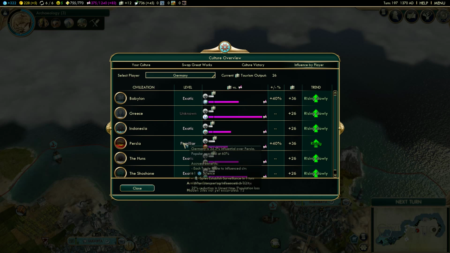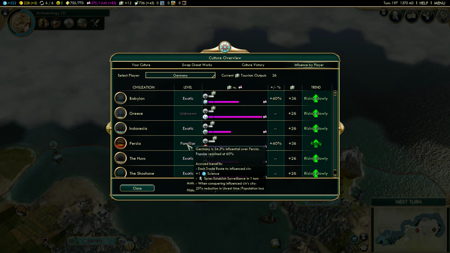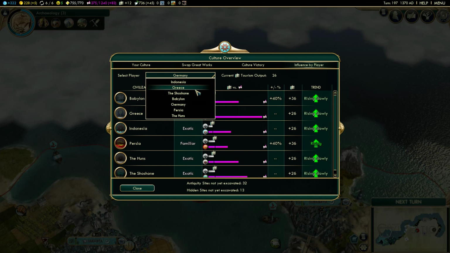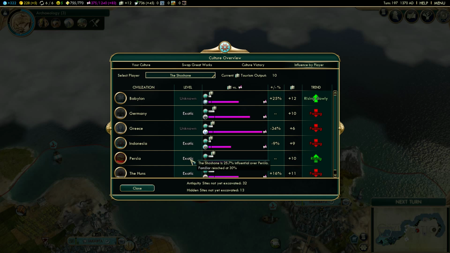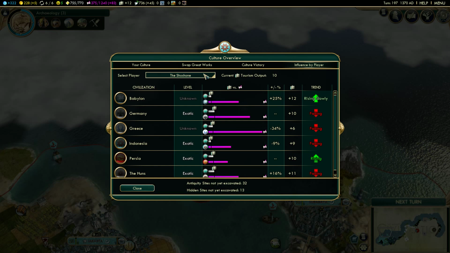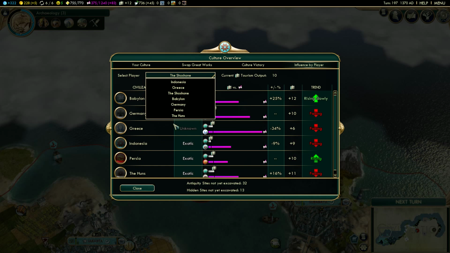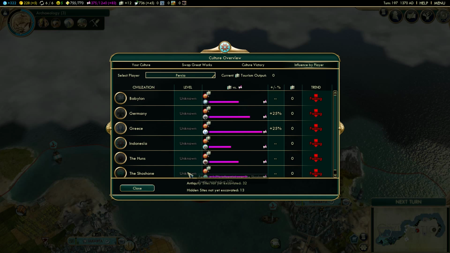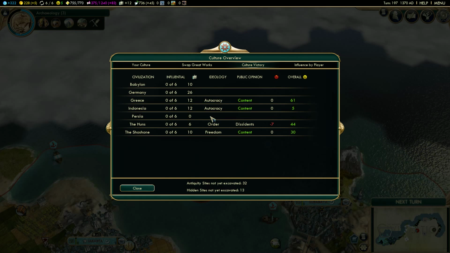And remember, they are under familiar influence by Germany, so that's 2 torches. Let's check the Shoshone. They are under exotic influence by the Shoshone. That's 3 torches. And then we check Persia's influence. They have none, so that's minus nothing. So that means that they are under 3 torches of ideological pressure, which means that it's very important for them to also go freedom.